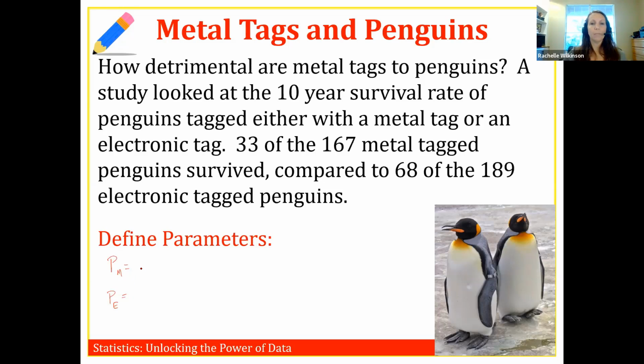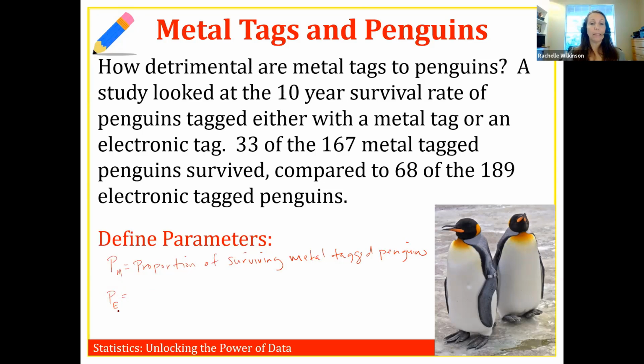So PM would be the proportion of surviving metal-tagged penguins.